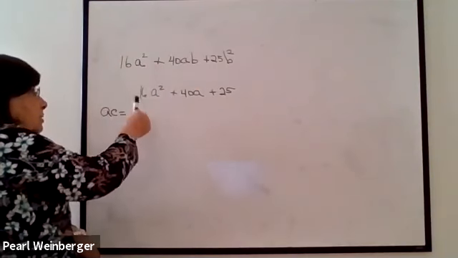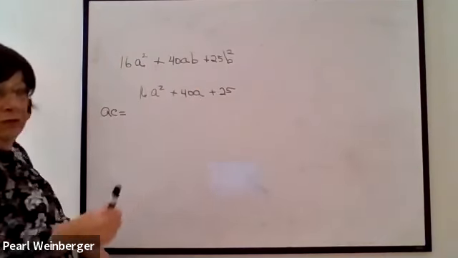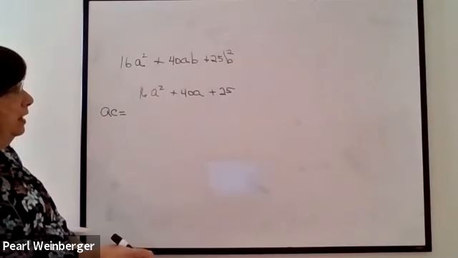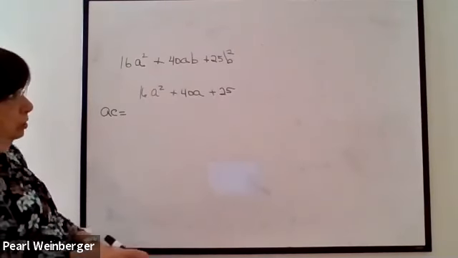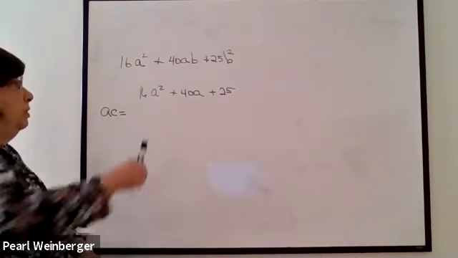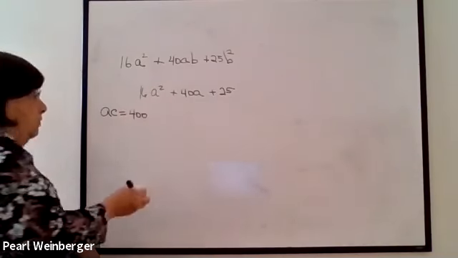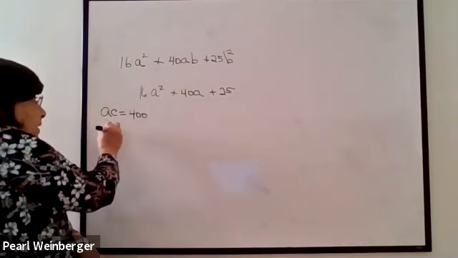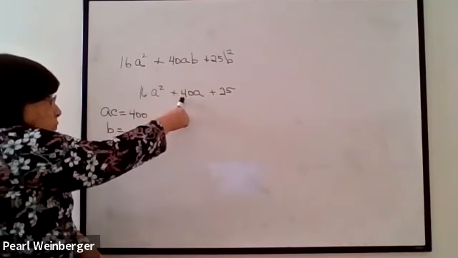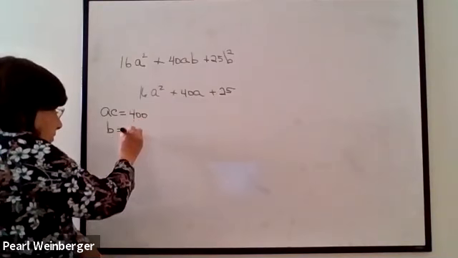Our AC is going to be 16 times 25. Now, this is something you could use a calculator with. 16 times 25 is 400, and it's positive. And the B is 40, positive.